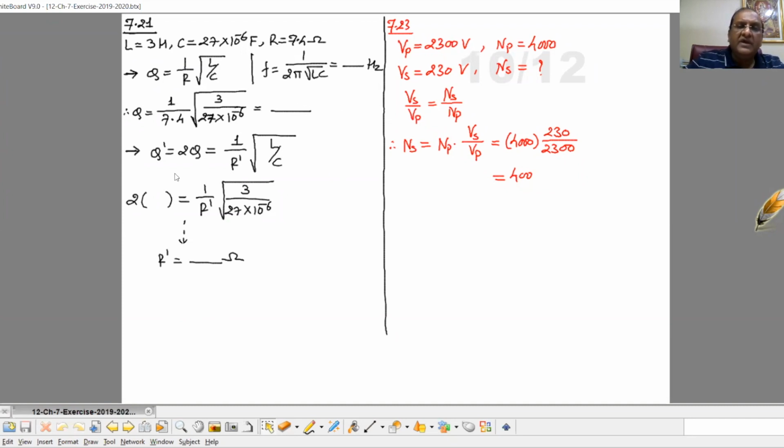Now, if you want to improve your Q factor by the factor of 2, means new Q factor, that we want 2Q. Clear?